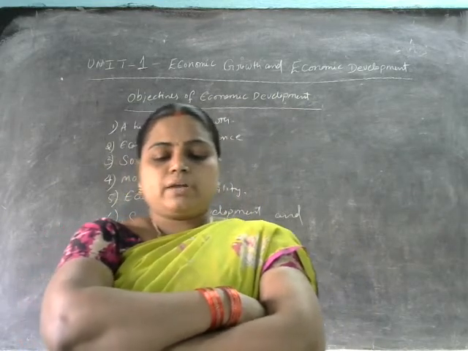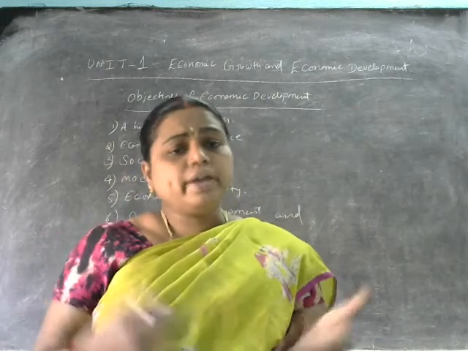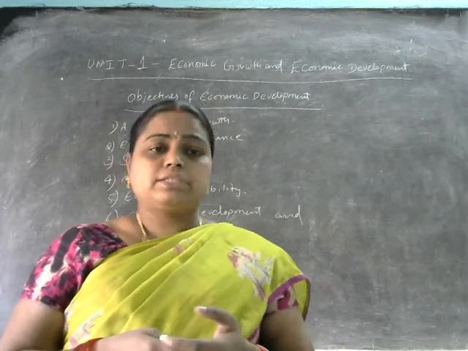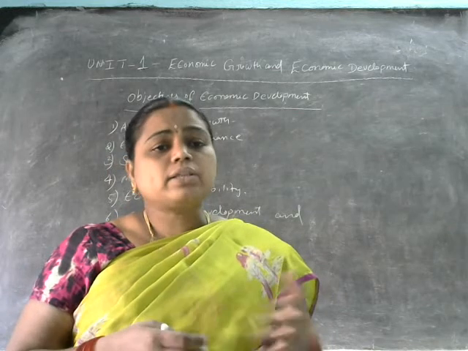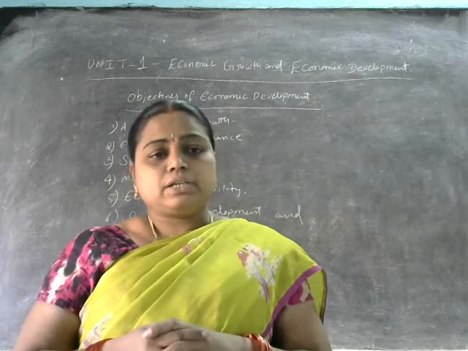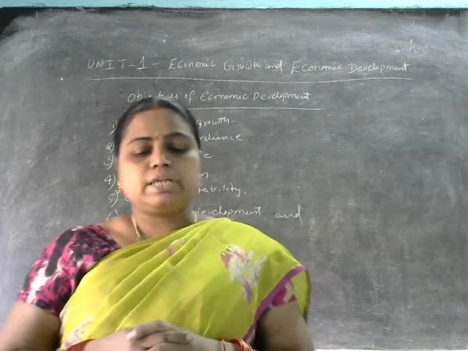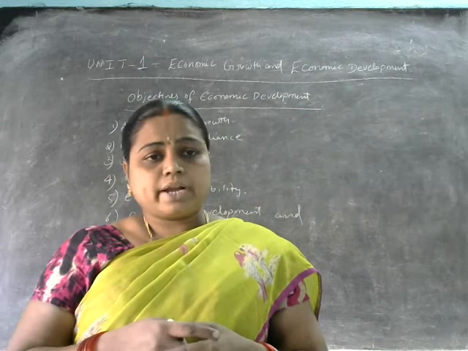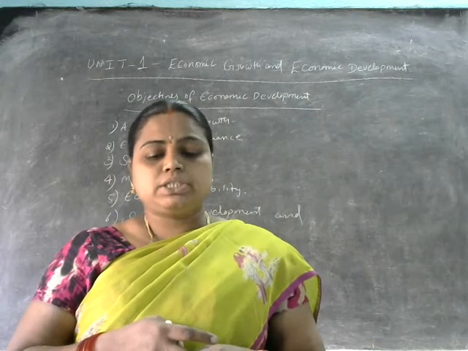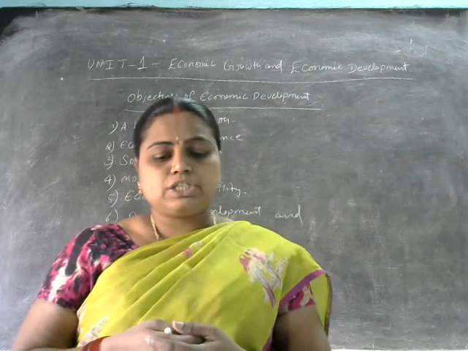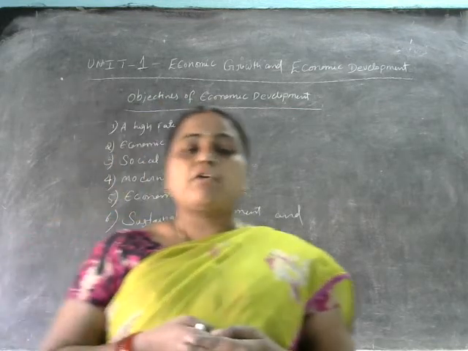After the attainment of independence, what happened? The planners and the policy makers, who are the planners? The 5-year planners and the policy makers tried to modernize the economy by changing the structural and institutional setup of our country.